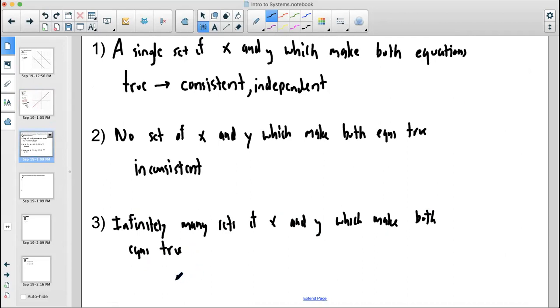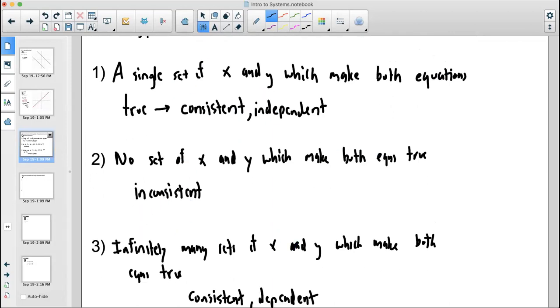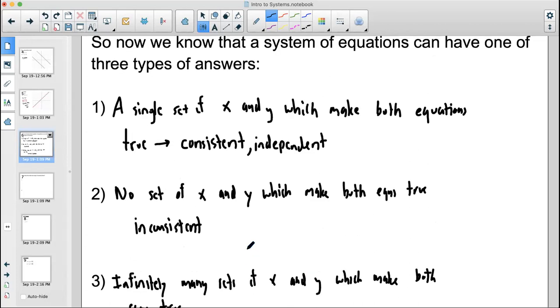And that is called, let me rewrite that because that is terribly messy, consistent and dependent. So one set of x and y that make both equations true, that's called a consistent independent system. No set of x and y which make both equations true, that's called inconsistent. And infinitely many sets which make them both true, that's called consistent dependent.